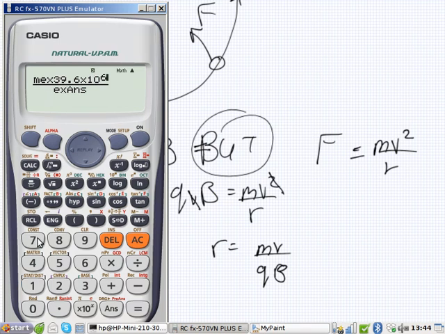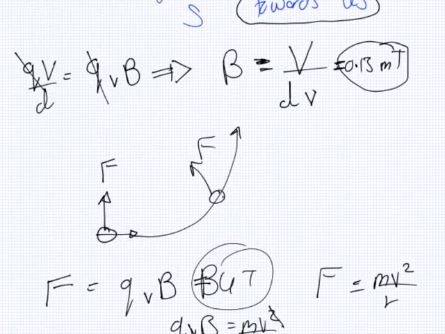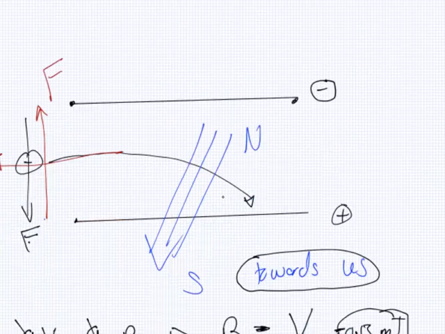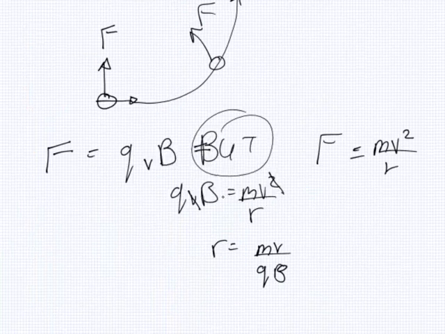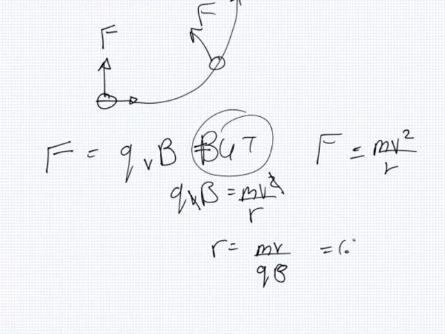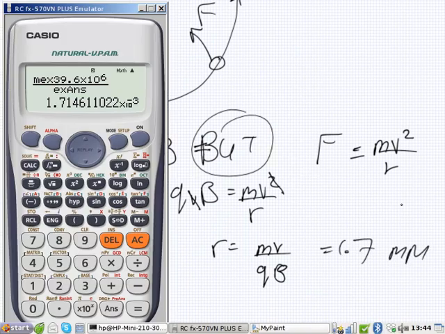Are we sure of it? Super. Okay, so we get 1.7 millimeters. 1.7 meters? 10 to the minus 3 meters?